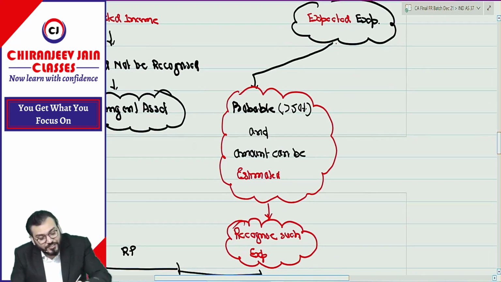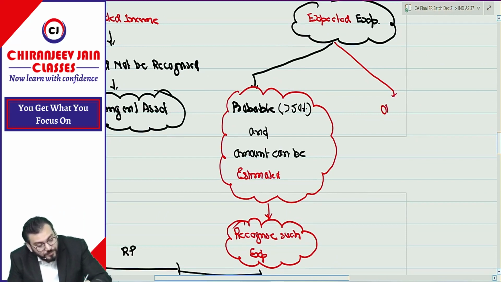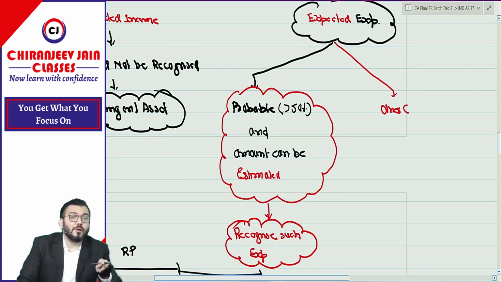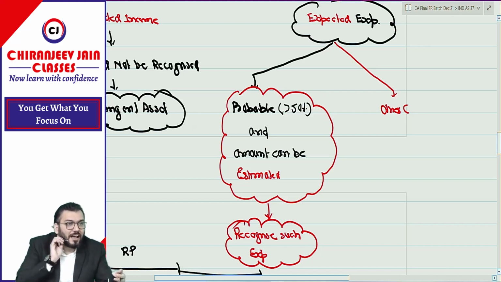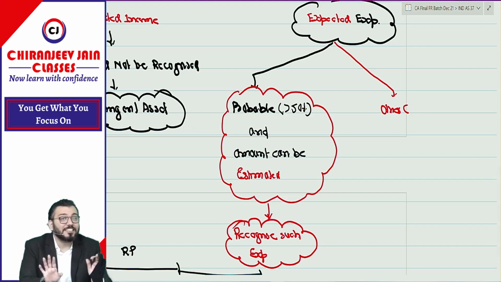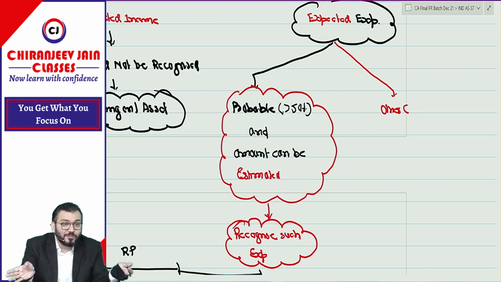And in other case means what? Either it is not probable or the amount cannot be estimated, or both. It is not probable as well as the amount cannot be estimated, or it is neither probable nor can the amount be estimated. Then in that case we'll disclose the fact to the user of the financial statement as a contingent liability.